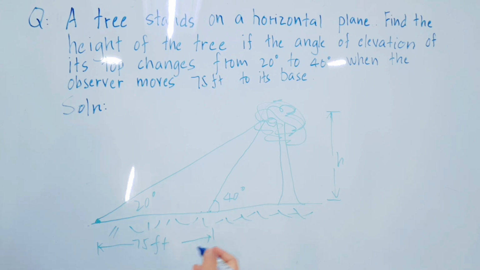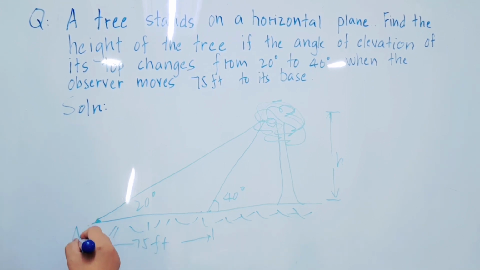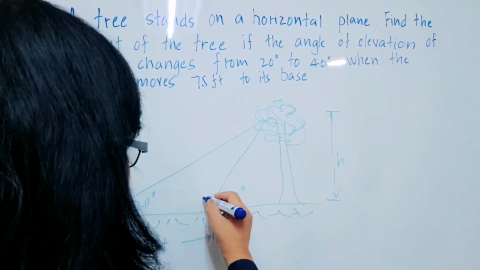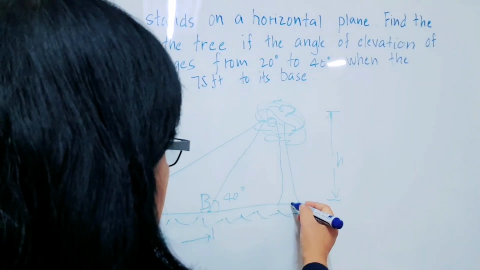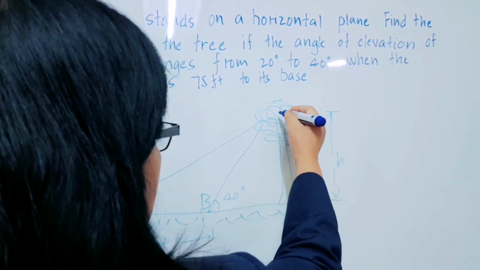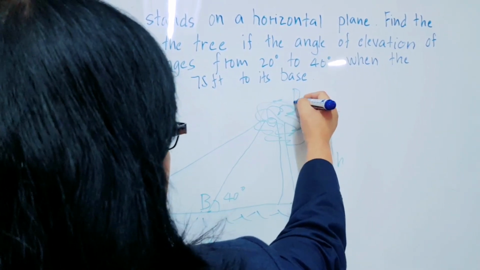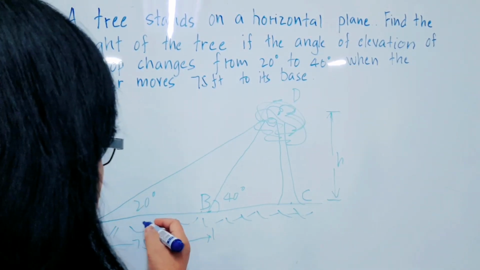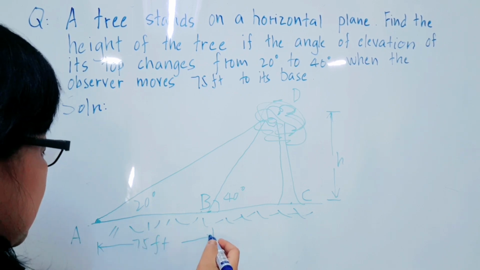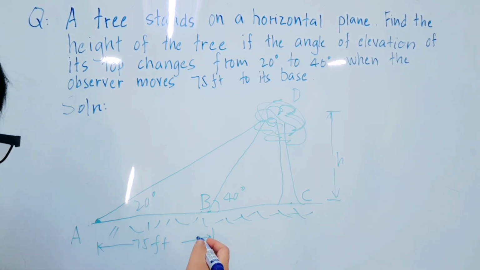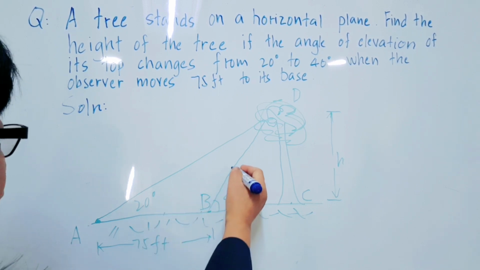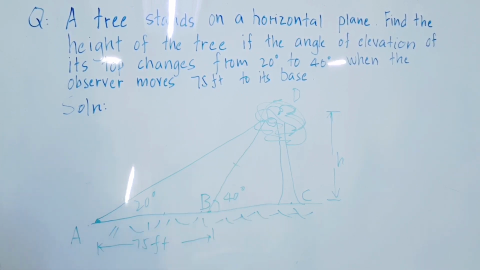So we will designate this one as A. The other one, this point is, for example, B. And this one here is C. And this point here is D. So here, if this one until this one is 75 feet, triangle EBD is an isosceles triangle.